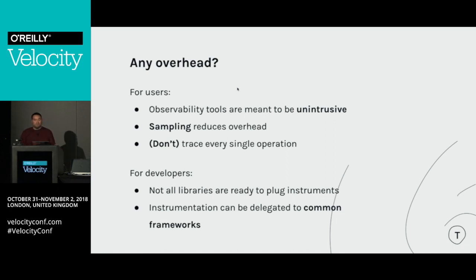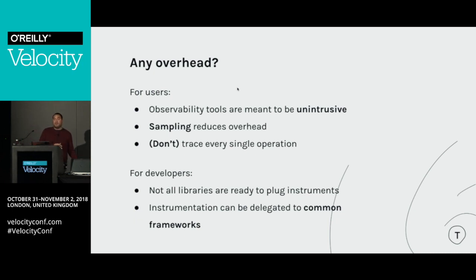This is for users. For developers, we have one challenge, which is that not all the libraries are ready to plug instruments on it. But the good news is that for most of the libraries, there is. If you happen to use a framework, it's very likely that there already exists instrumentation for it, so you don't have to write it yourself.